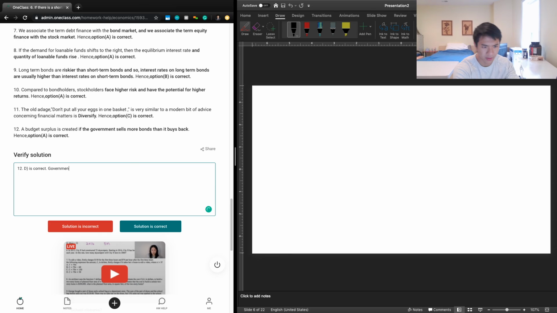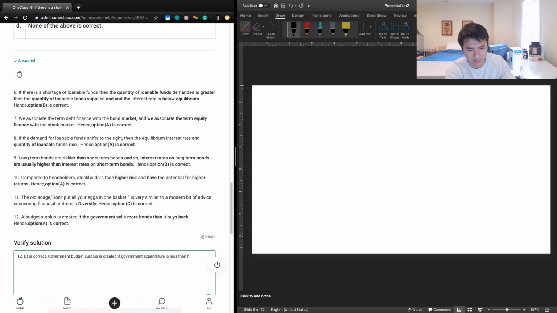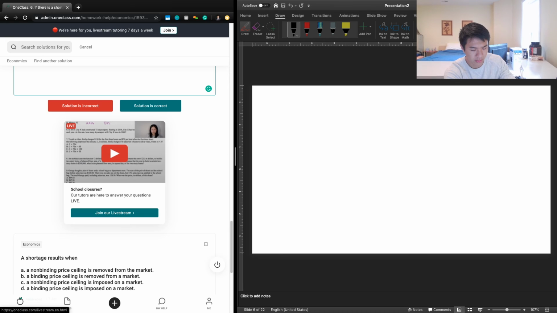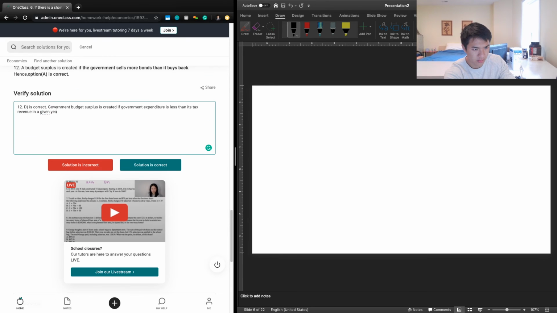Government budget surplus is created if government expenditure is less than its tax revenue in a given year.